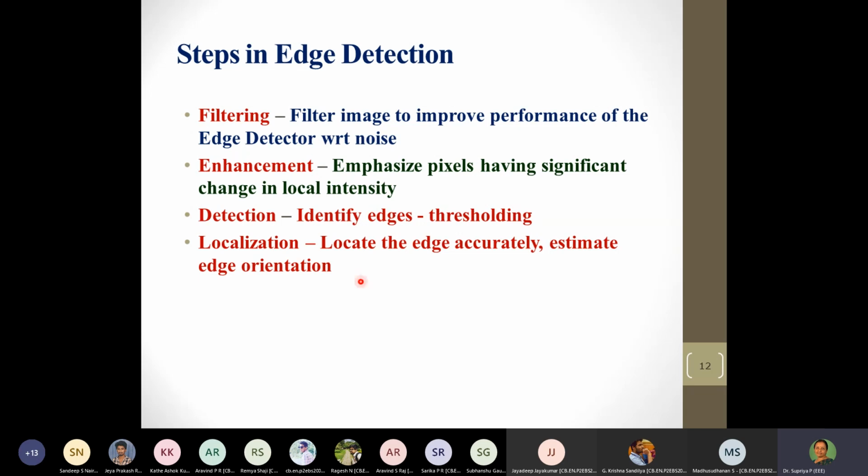Even enhancement, the entire work, we would consider as a problem, preferably in the lab where we could do it. Detection and localization we will consider as a process, and we will try to implement it not just as a mask, but add the entire process and see whether the edge detection is happening correctly.